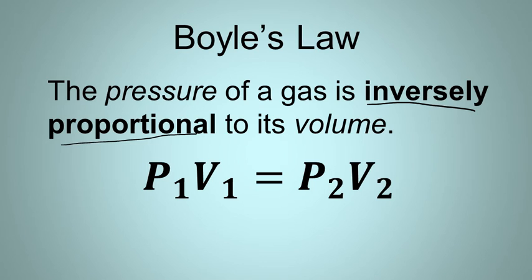So the ones represent the starting conditions of the gas, and then the P2 and the V2 represent the ending or the final conditions of the gas.